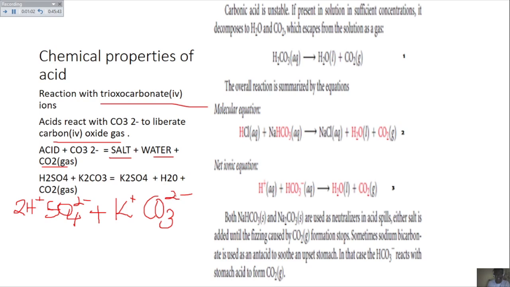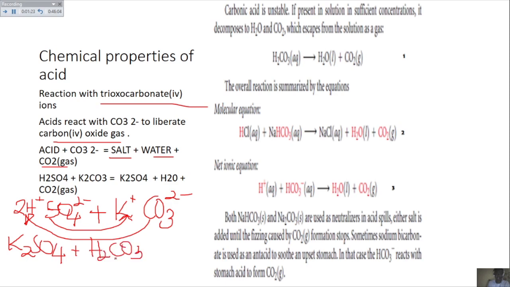Then what happened? This will react, and this will react, to form K2SO4, which is the salt we're talking about, then plus what? H2CO3. This is a weak acid, and this weak acid is an unstable acid that will further split into water and what? CO2.